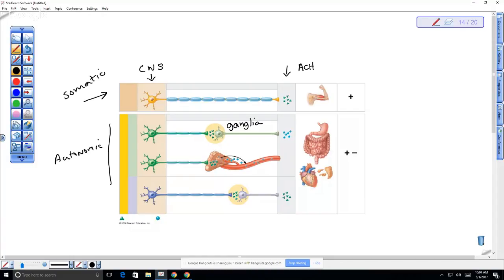And so remember that we talked about how we can have pre-ganglionic neurons and post-ganglionic neurons. So this would be my pre-ganglionic neuron. And this would be my post-ganglionic neuron.